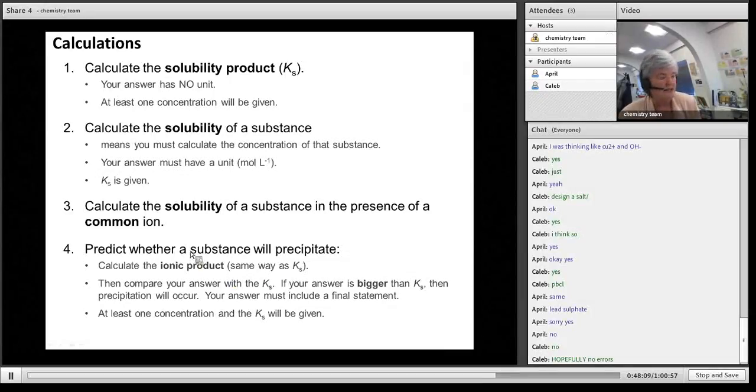And then the other calculation is you have to predict whether you're going to get a precipitate. So if I mix this concentration of silver nitrate with that concentration of sodium chloride, will a precipitate be formed? So those are the 4 different types of calculations you can be asked. The first two can be from a single source, and number 3 and number 4 are definitely from 2 different sources, because I'm mixing 2 different things.